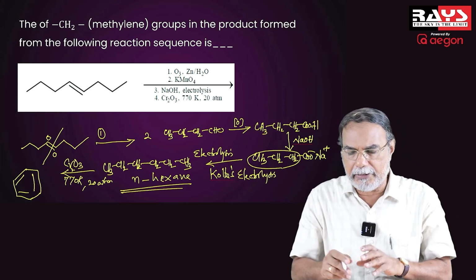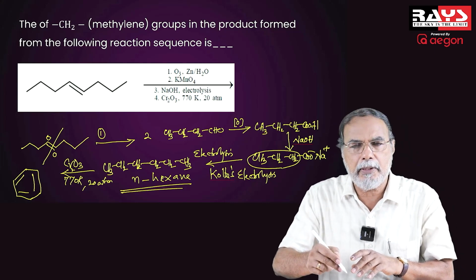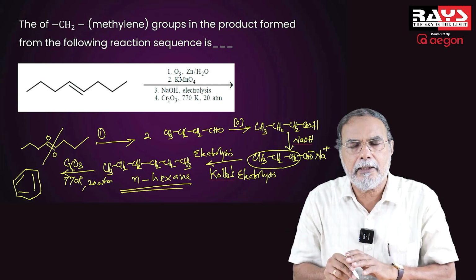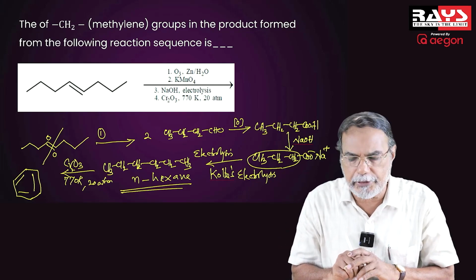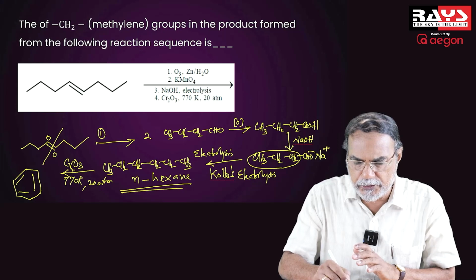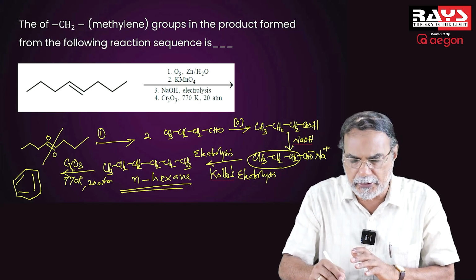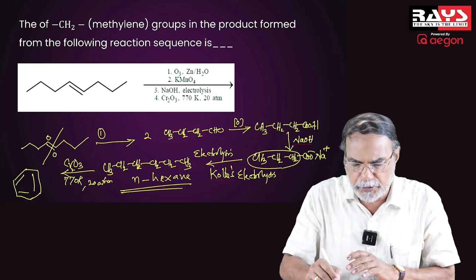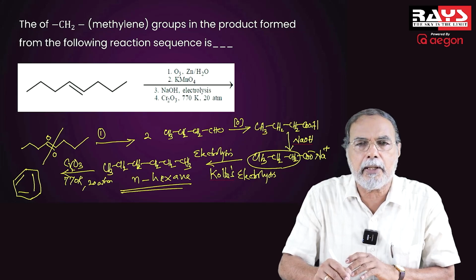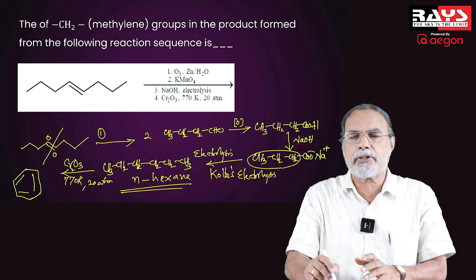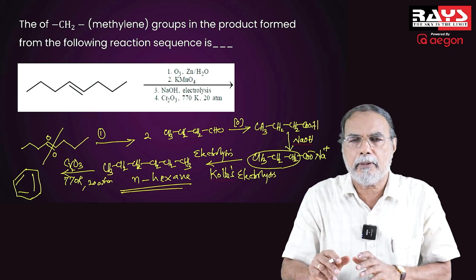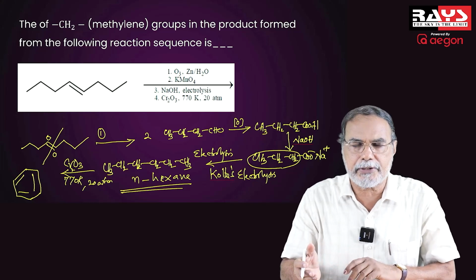Okay, what you get is a 6 carbon cyclic compound. Initially it is cyclohexane, but the cyclohexane undergoes dehydrogenation in the presence of this chromic oxide catalyst at this temperature and pressure to give benzene, and this reaction is very often called aromatization.